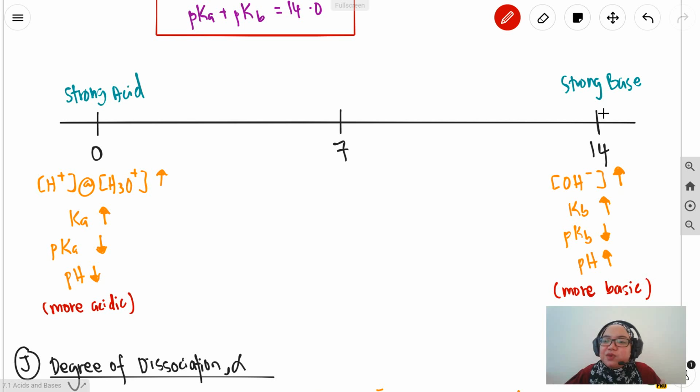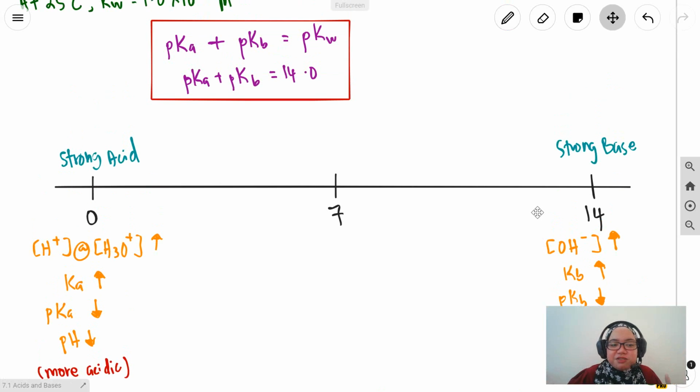So, bila dia more basic, we know that dia ada strong base. Okay, so these are the relationship between concentration of ion, lepas tu between the value of Ka, Kb, between the value of pKa, pKb, and the value of pH. Okay? Yes. Alright.